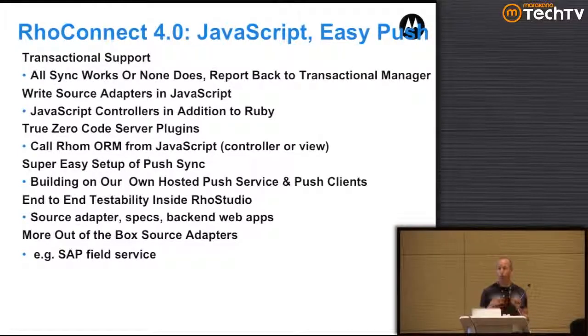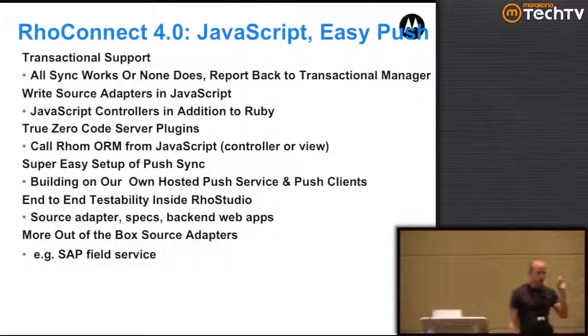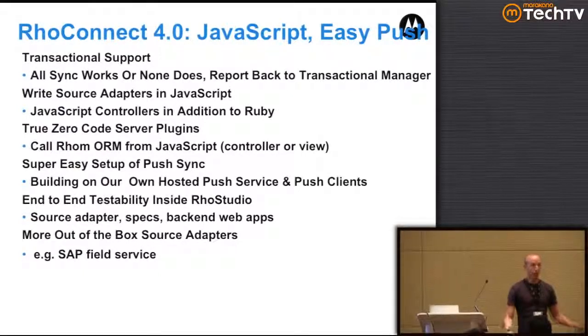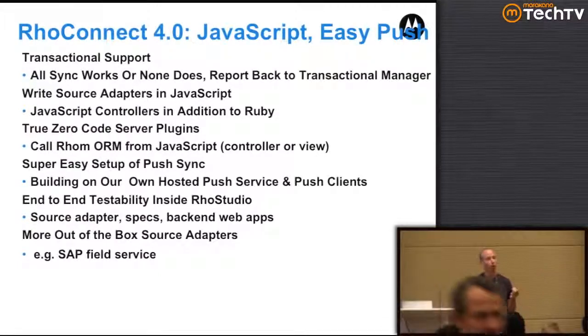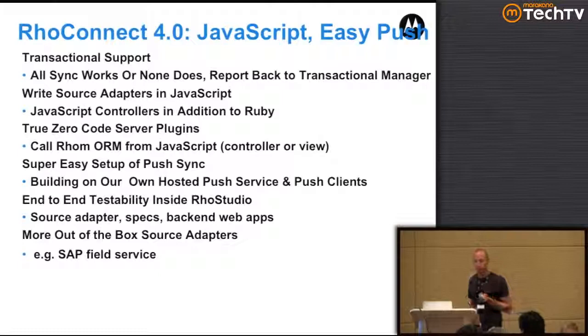In addition to, of course, letting you write server plugins that run on the back end in whatever language you want. We want to get you to true zero-code server plugins. So Lars is going to show you the RhoConnect RB, which is very elegant. You just tweak a few knobs and you're good to go. On the other ones, there's a little bit more code in RhoConnect.net that you have to write, but we'll get there.